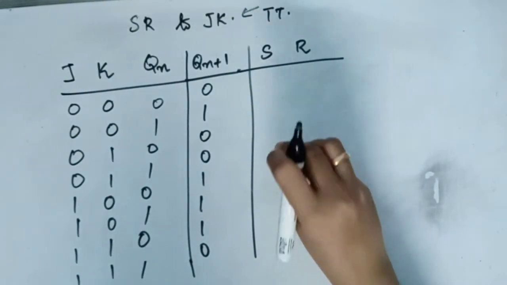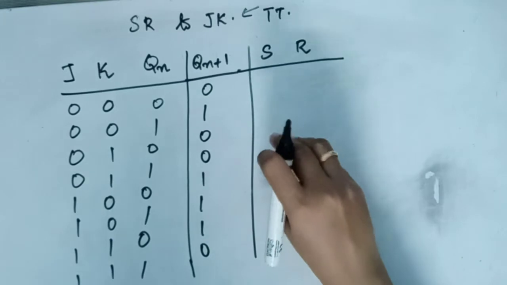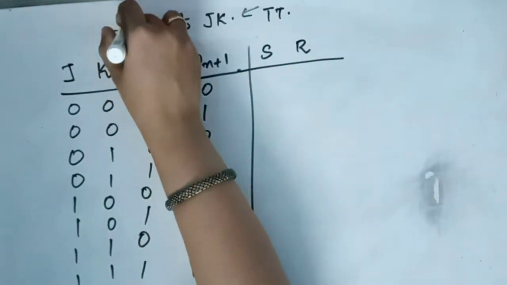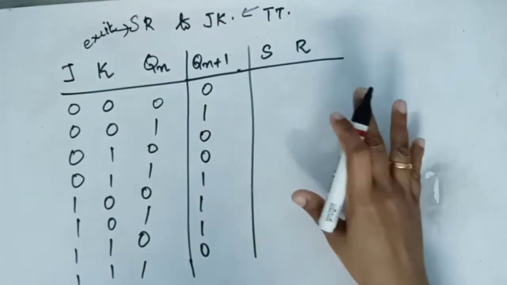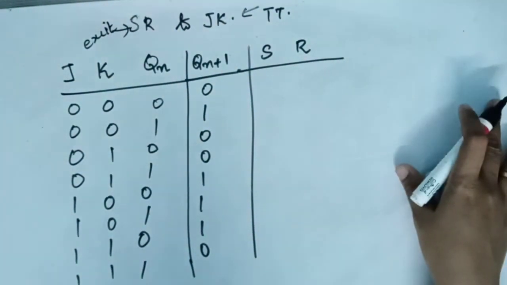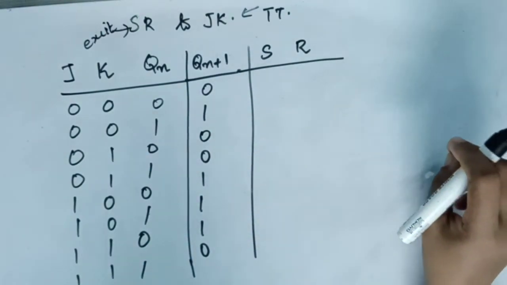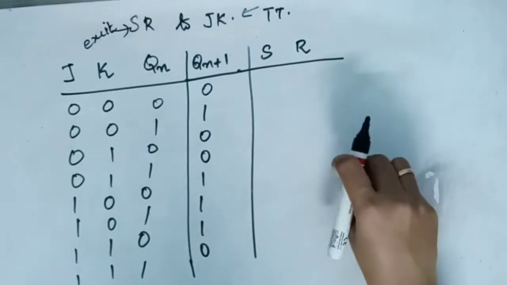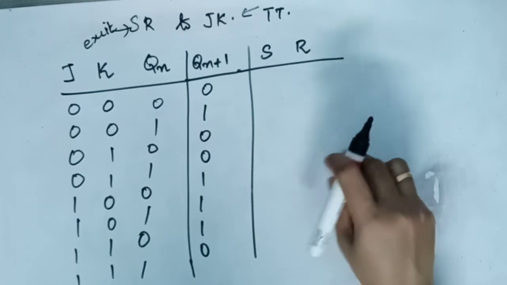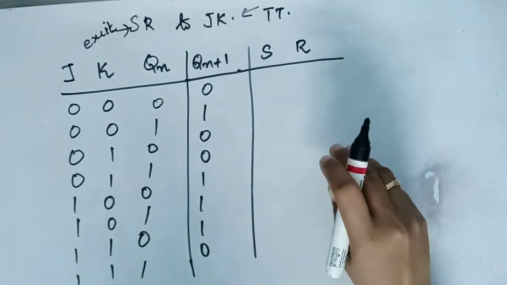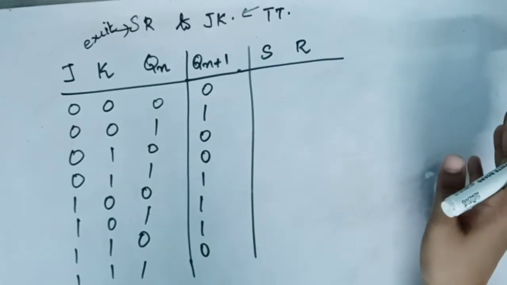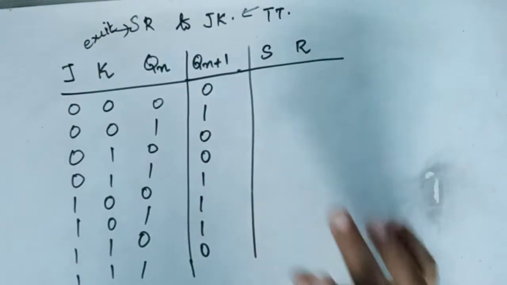So that is known from the excitation table. So if you want to convert a flip-flop A to B, write the truth table of B and the excitation table of A. A to B means write the truth table of B and excitation table of A.